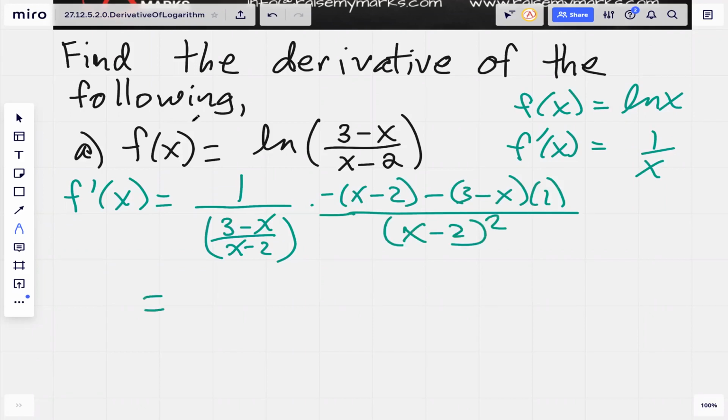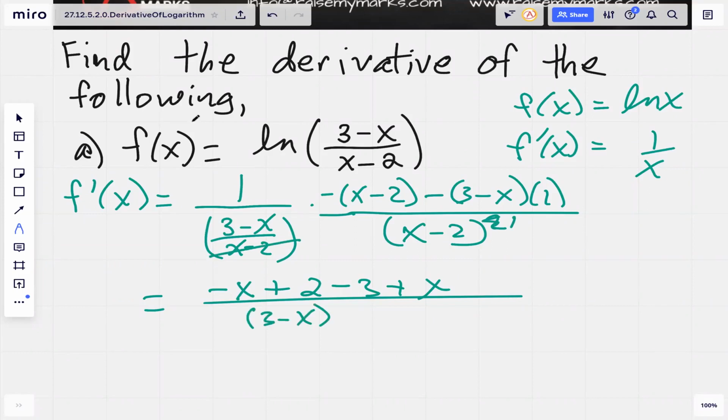Okay, so now let's simplify things a little bit. So in the numerator, what do we have? We have negative x plus 2 minus 3 plus x, all over... If you notice in the denominator, we have (3 minus x) over (x minus 2) times (x minus 2) all squared. We can cancel one of the x minus 2's out, and we're left with (3 minus x) times (x minus 2).